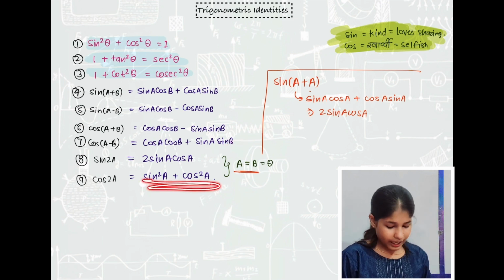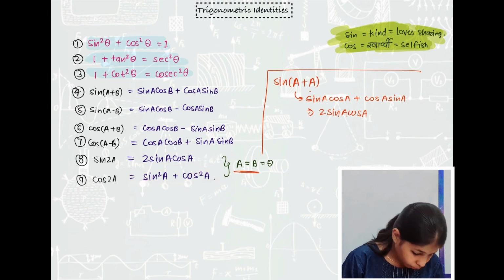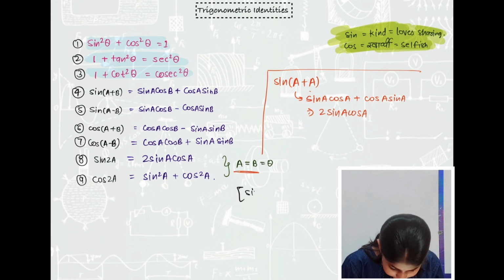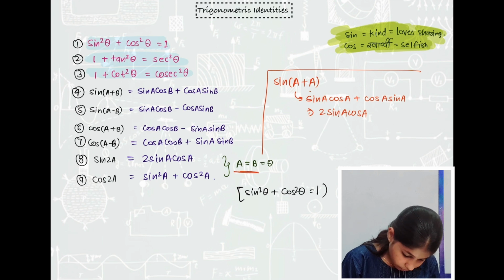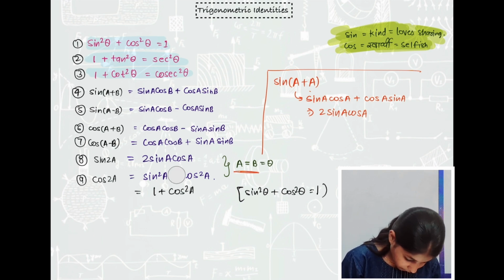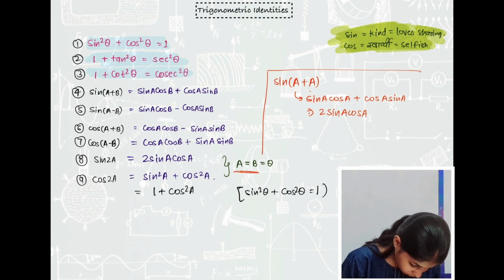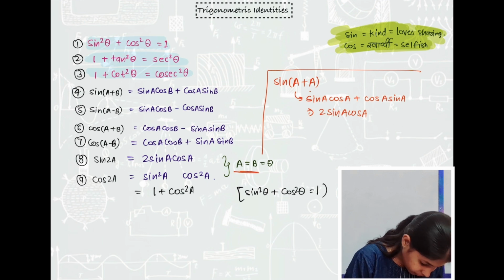In the same way, we have taken out this formula, that is sine square a plus cos square a. One more thing, as you all know, sine square theta plus cos square theta is equal to 1. So I can write like this, sine cos square theta. Sorry, it will become, one more thing, it will be negative.